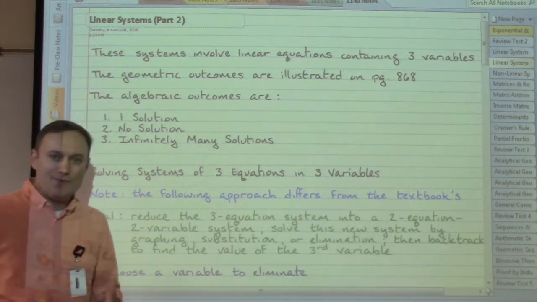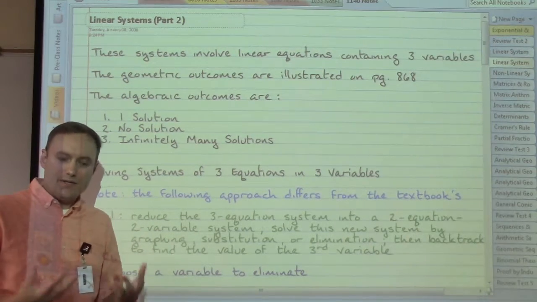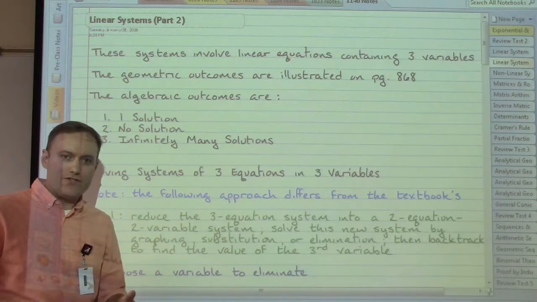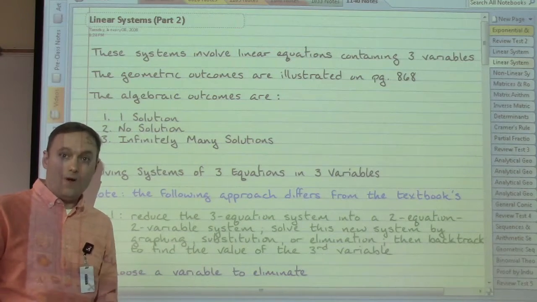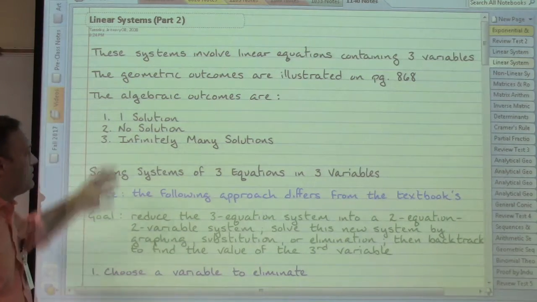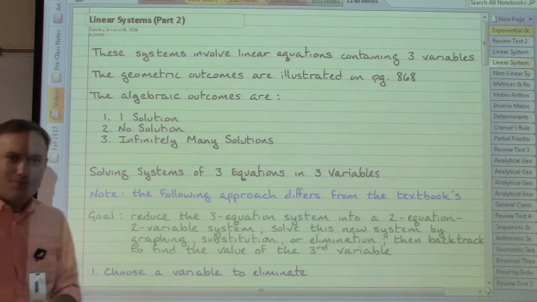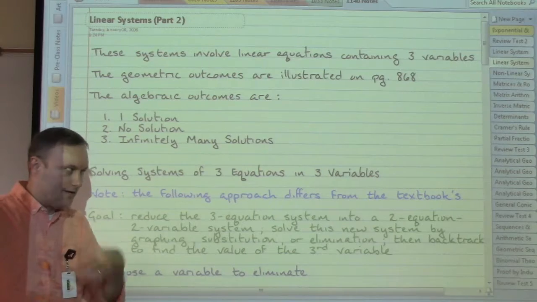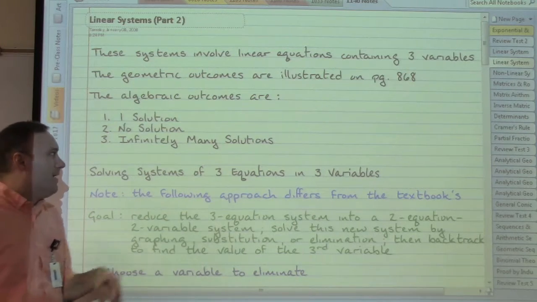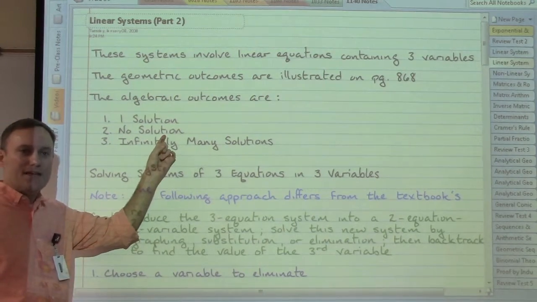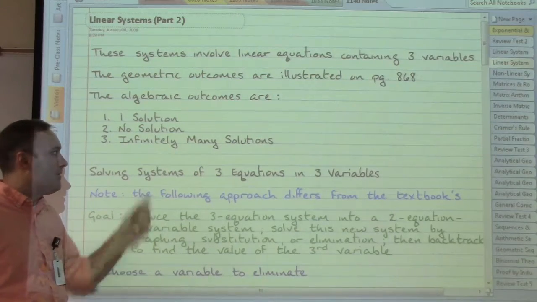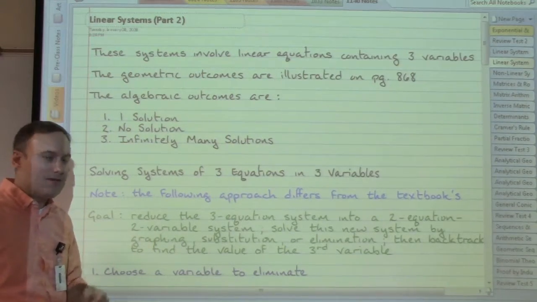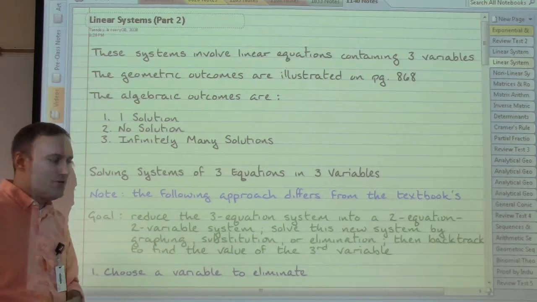But again, essentially we have the same sort of three possibilities in terms of just the very generic comments about what can happen along the way. So we're going to have some of the same sorts of comments that we've made in the past that could arrive again as we work through, about having a false statement, therefore no solution would show up, having some sort of true statement so that infinitely many solutions would show up.